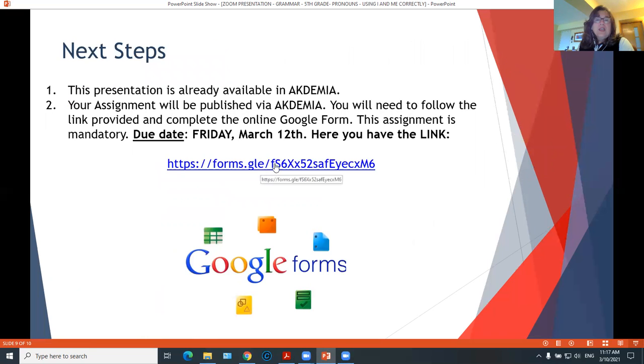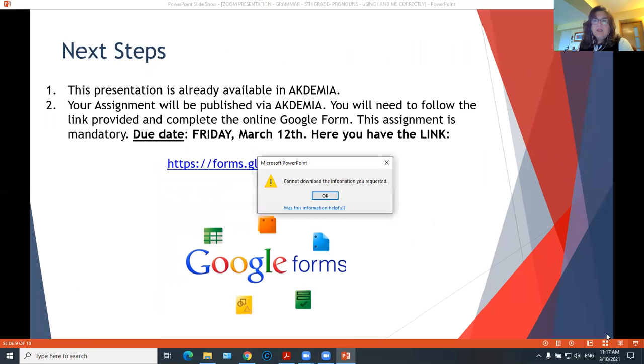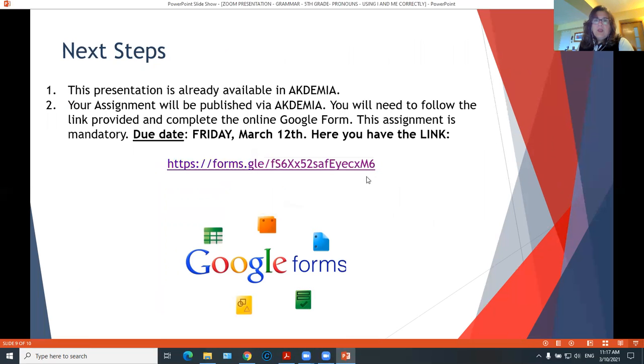Now, you can go to our homework either by downloading the PDF of this presentation from the Files tab in Academia or by clicking on the wall post that is already there, okay? So you click and you get into the form. Let's see if we can get there. Okay, right now the system is not able to download it. Let me try again one more time.